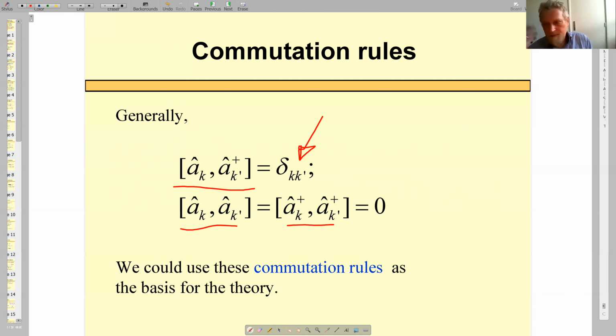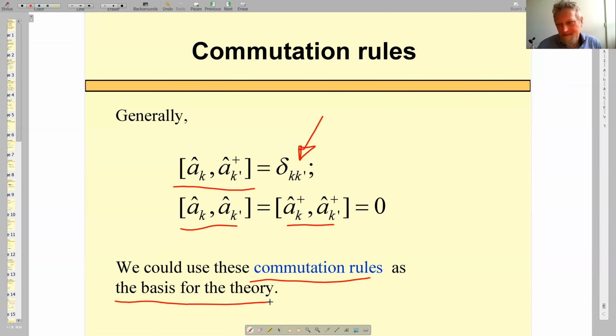Fine. The point is, one could use these commutation rules as the basis of the theory. If you wanted to make a little bit more elegant theory, we could postulate commutation rules and go on. We can show that operators which obey these commutation rules create and eliminate particles.